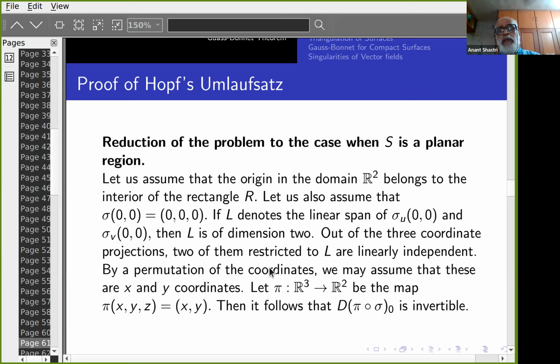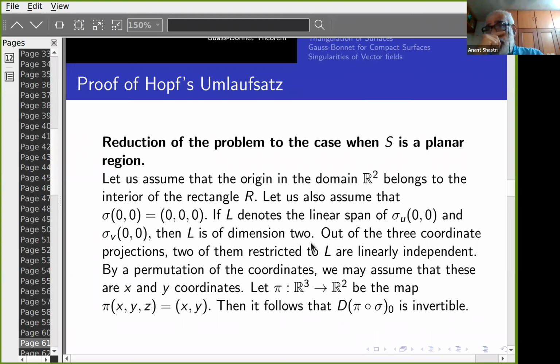It may not be the xy coordinate space, right? It could be anything. But what does your linear algebra say? If you have a two-dimensional subspace of a three-dimensional space, look at the three projection maps: projection to the x-axis, projection to the y-axis, and projection to the z-axis. There are three projection maps, right? Two of them must be linearly independent.